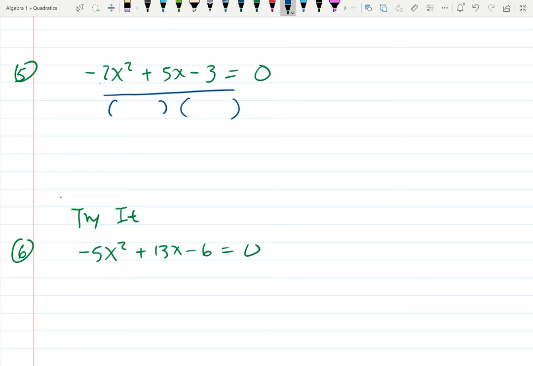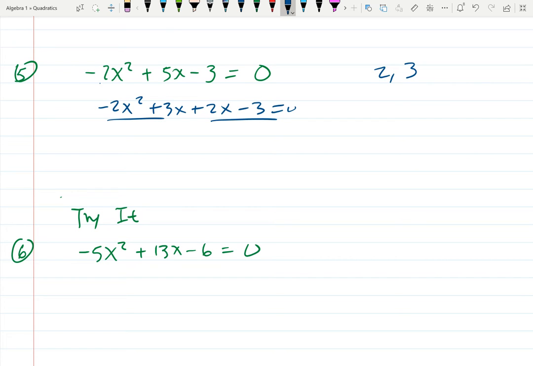Those will be what? 2 and 3. So you're going to split this up and factorize this into negative 2x squared plus 3x plus 2x minus 3 equals 0. Factorization by grouping.